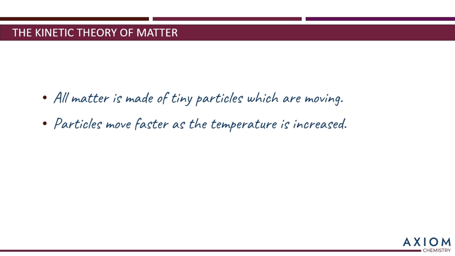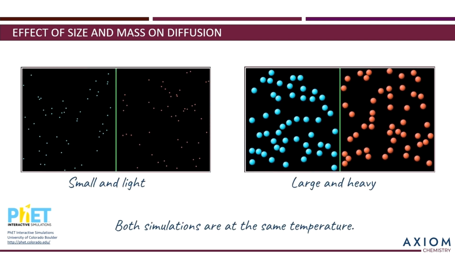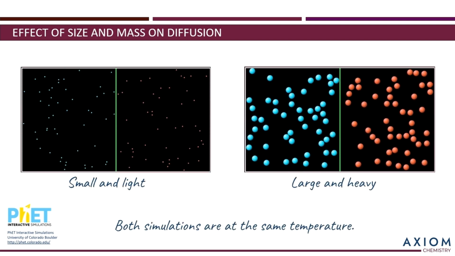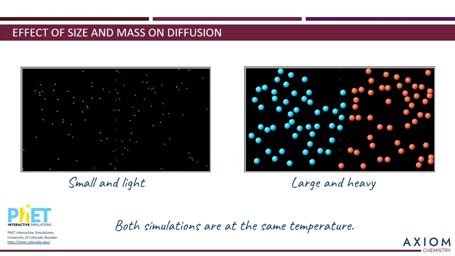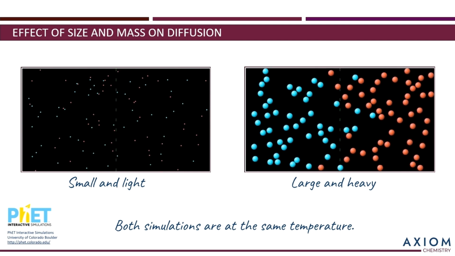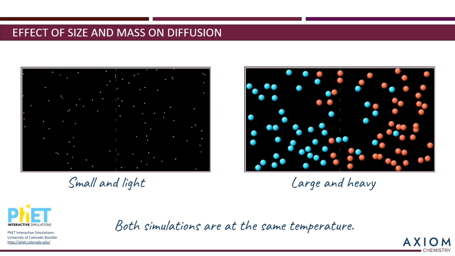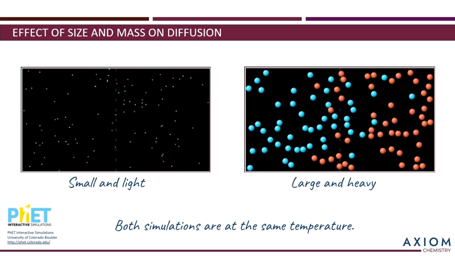Now finally, let's think about what would happen if we mix different types of particles, this time at the same temperature. Let me show you two more simulations. The one on the left shows particles which are small and light, and the one on the right, particles which are relatively large and heavy. Now, once I remove those barriers, you can see that the small, light particles mix much faster than the larger, heavier ones.